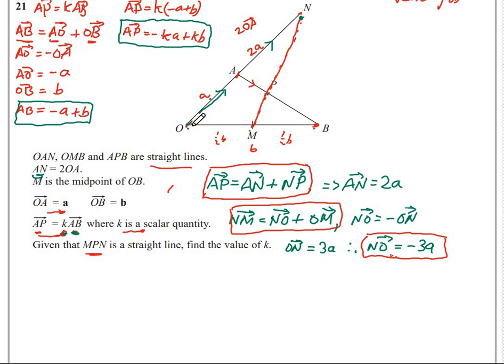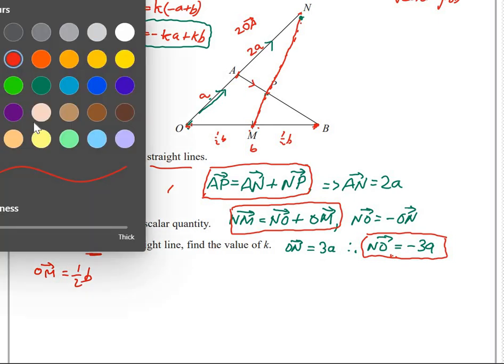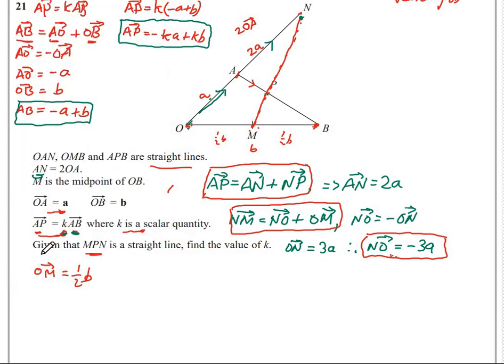We know that OB equals B, and OM is half of B. So OM equals half B. So now we can find the whole line NM, okay?